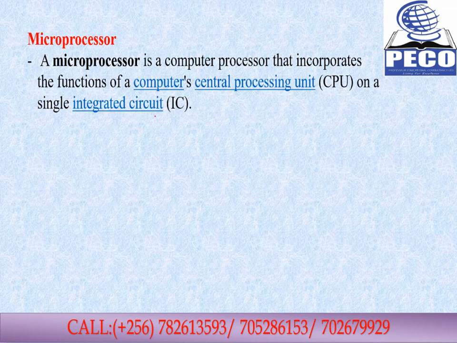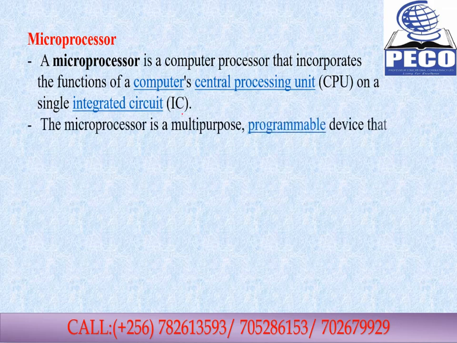That means that microprocessor, it's just a single unit component. It's a circuit that combines everything there, and you call that one a processor. So it's a computer processor that incorporates the functions of a computer's central processing unit on a single integrated circuit, just single, or IC.